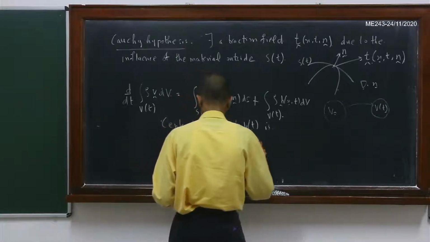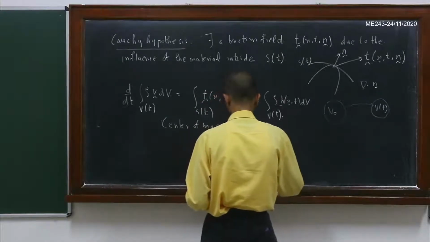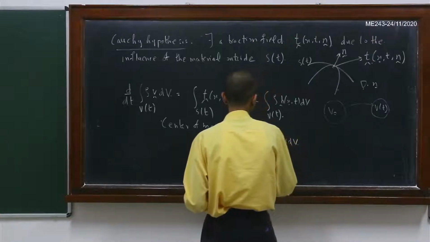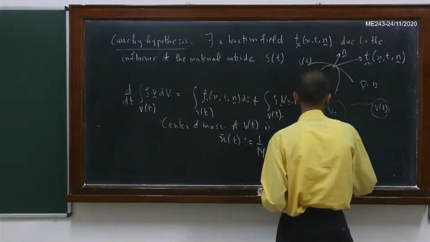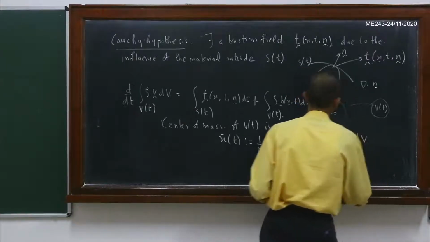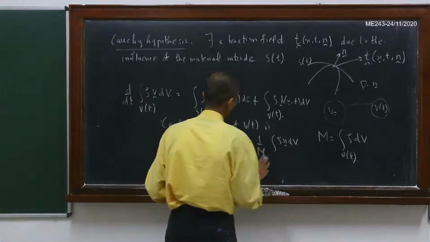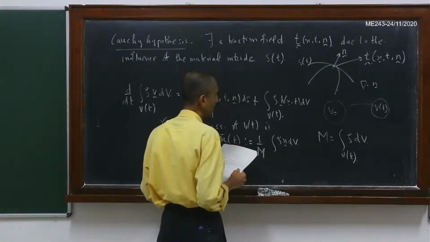By definition, that is the integral of rho x times dv over M, where M is the total mass within the material volume. So that is just the integral of rho times dv over V of t. So basically the integral of rho x dv divided by the total mass that is contained within the material volume.